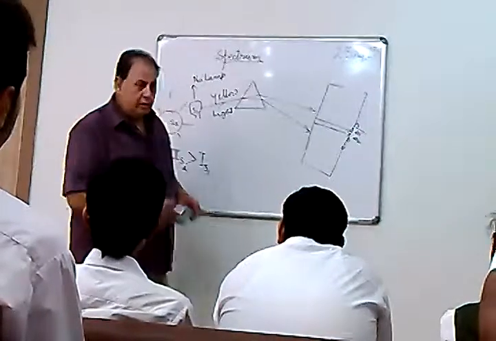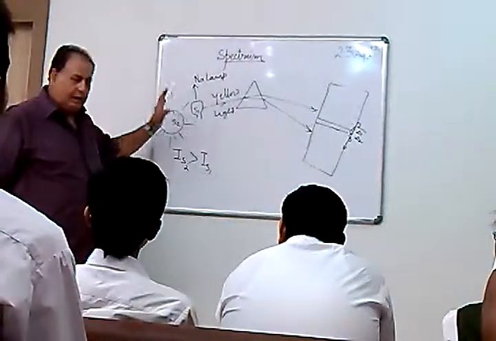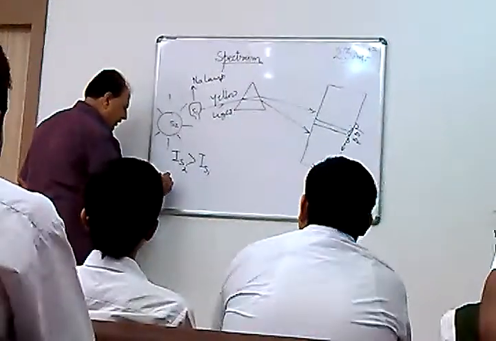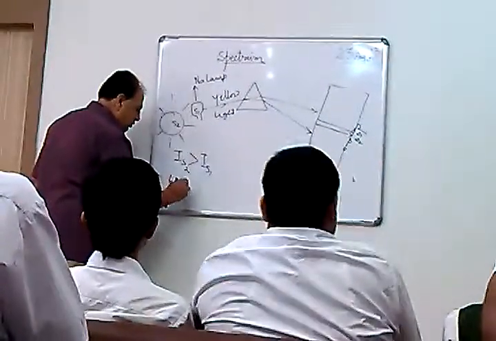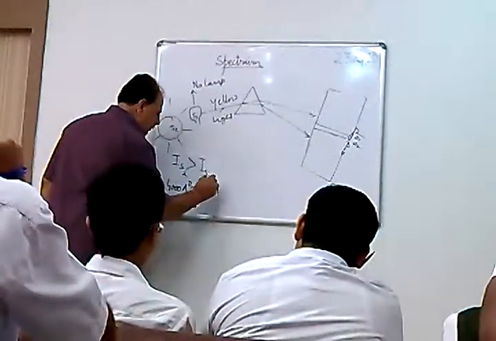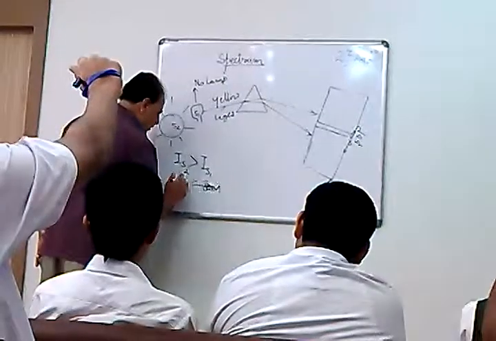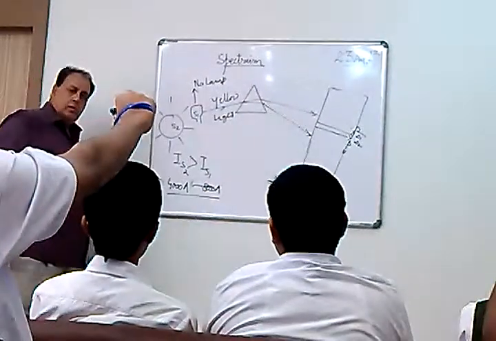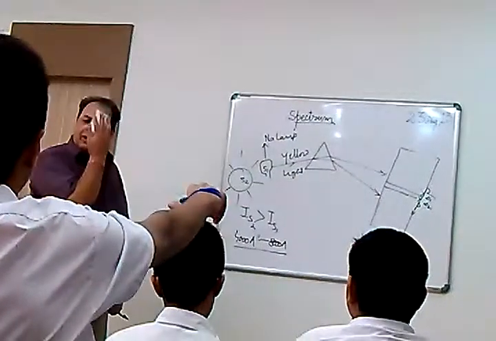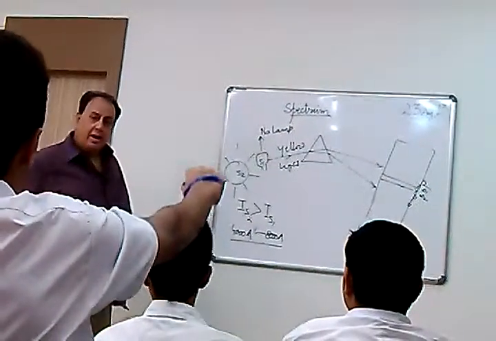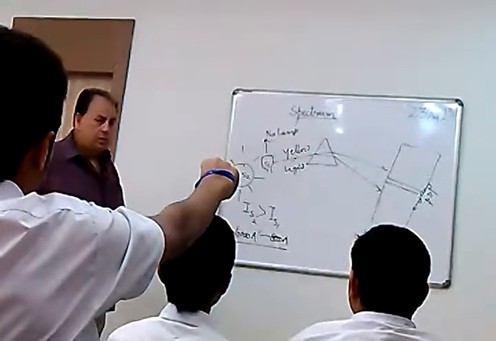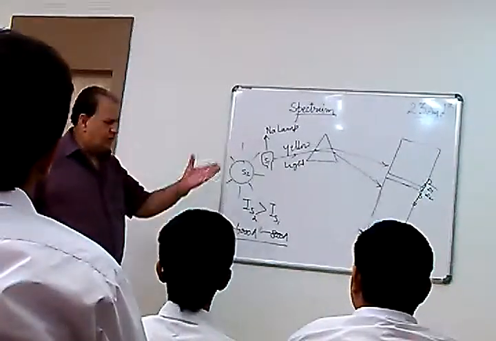What is happening? From here all colors are coming, right from, let us say, wavelengths of 4,000 angstroms to 8,000 angstroms. So when S2 and S1 have the same intensity, these two lines will merge into the spectrum. You cannot see that D1 and D2 are the same yellow color.